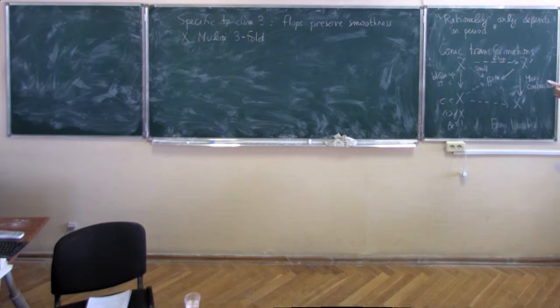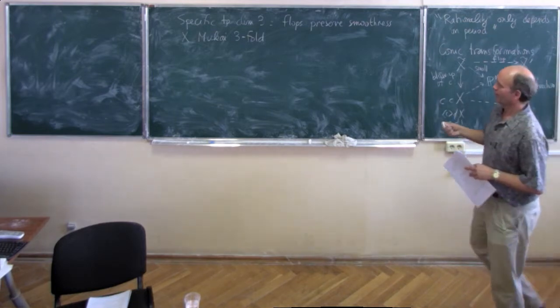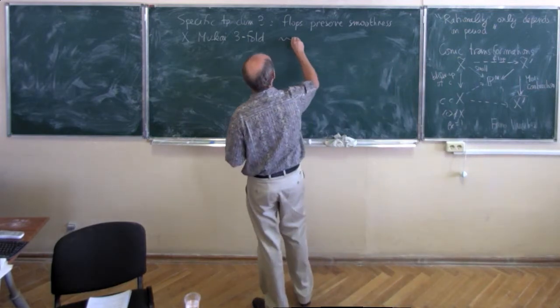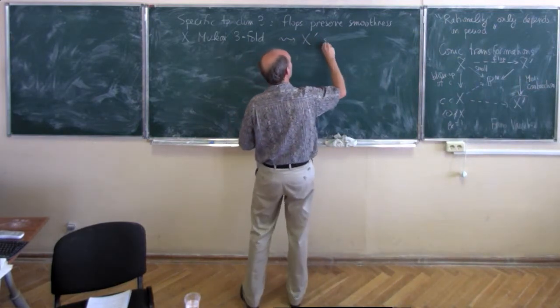It turns out that when X is a Mukai threefold, X prime is also a Mukai threefold. It just happens like this. But it's also smooth.